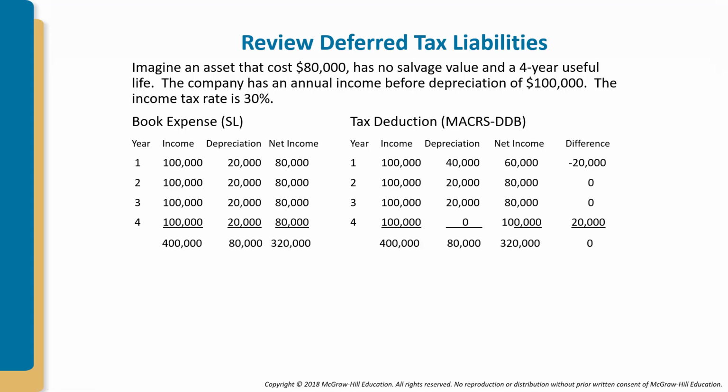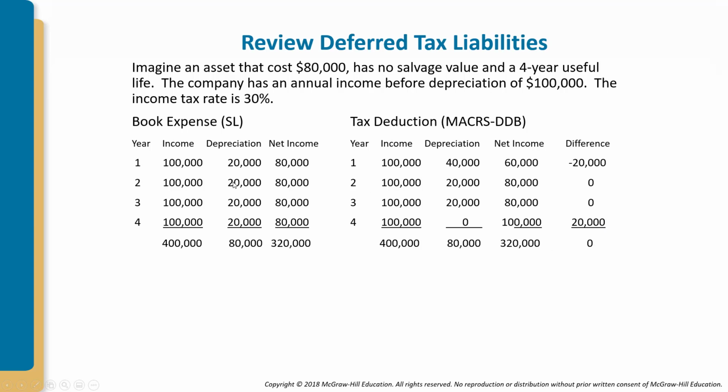Let's go forward. We look at the totals for both book and for tax. We have recognized $400,000 in income before depreciation. For depreciation in total, we've recognized $80,000. For net income, for tax and for books, we've recognized $320,000. And this difference that originated in the first year has reversed itself so there's zero at the end.